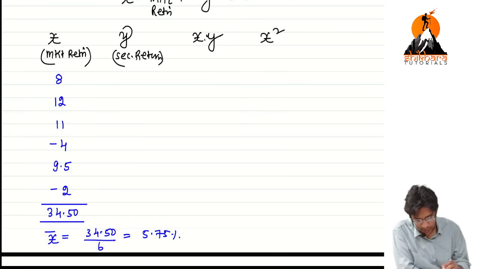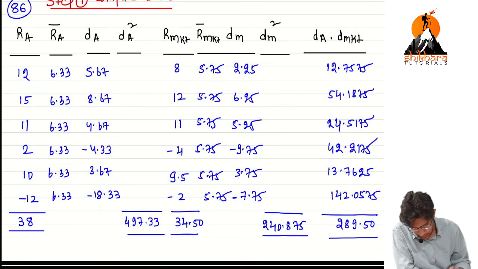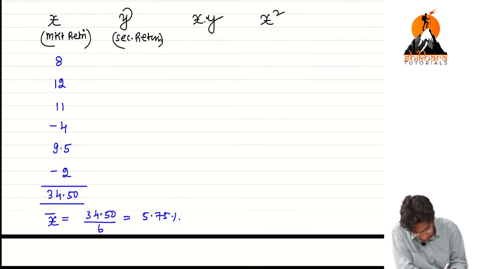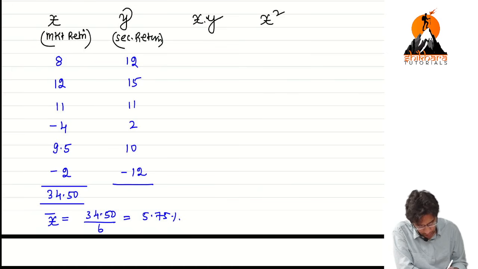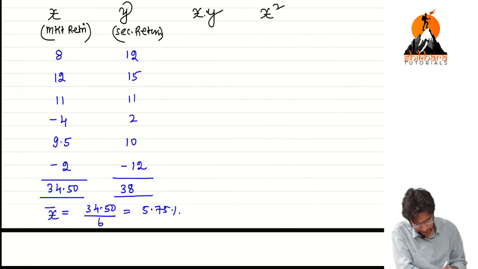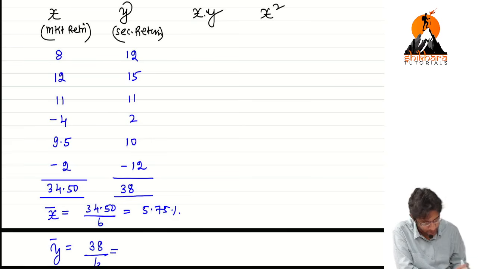Y means security returns: 12, 15, 11, 2, 10, minus 12. The total was exactly 38. Y bar is 6.33.